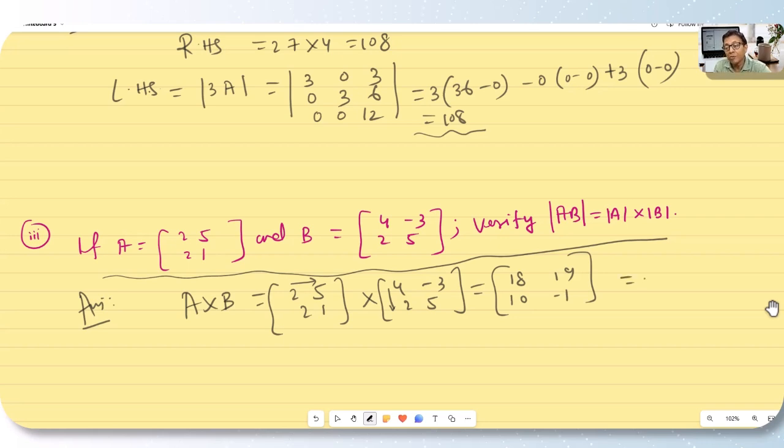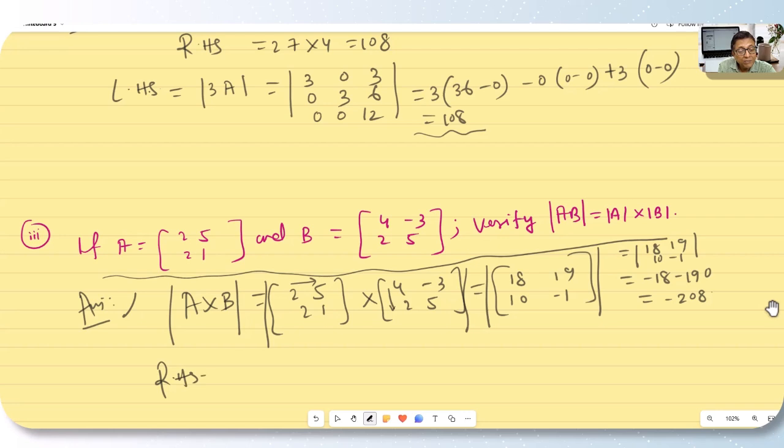The value is going to be minus 18 minus 190, that is minus 208. This is LHS we got, sorry, I forgot to put the determinant sign. It must be there, you are finding the determinant finally, no? So we found this value 18, 19, 10, minus 1.